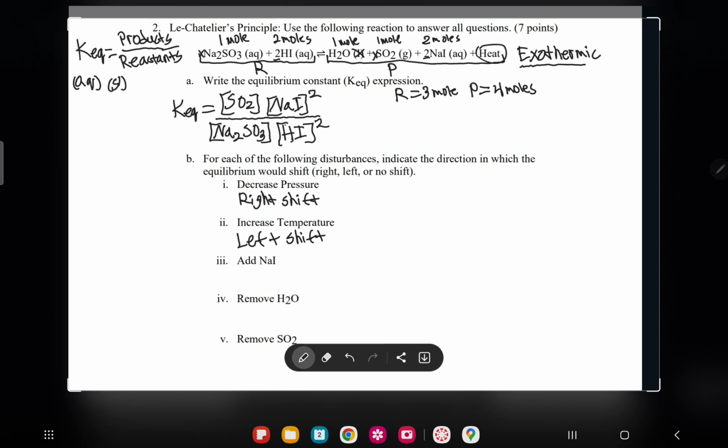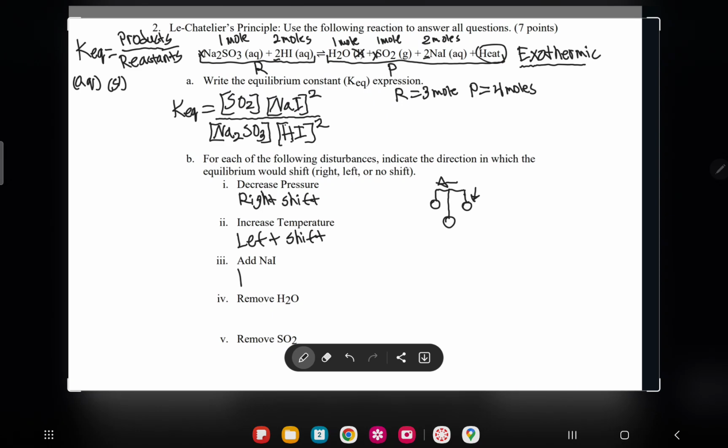And then now when we add NaI, we are adding more product. So if we look at the little balance here, right, we are adding more product. So we're going to be shifting to the left to balance out.